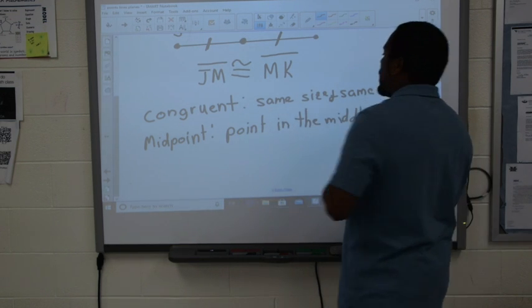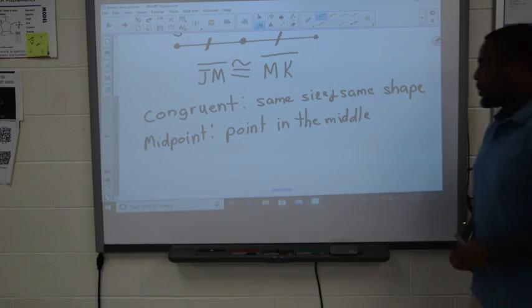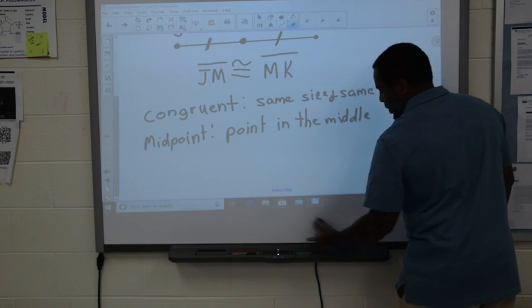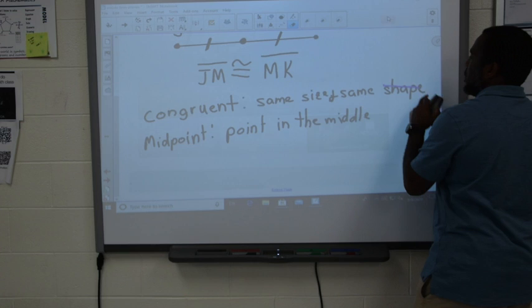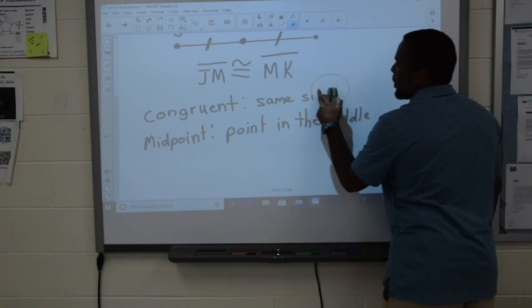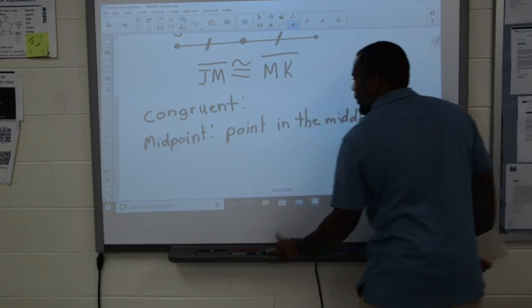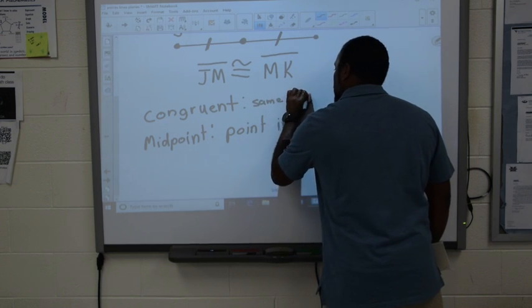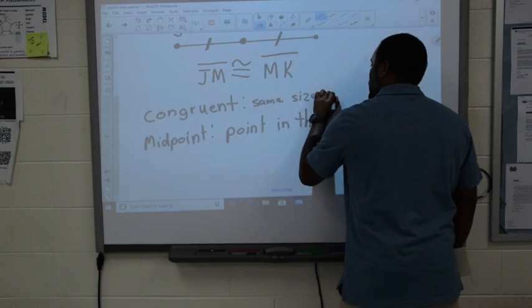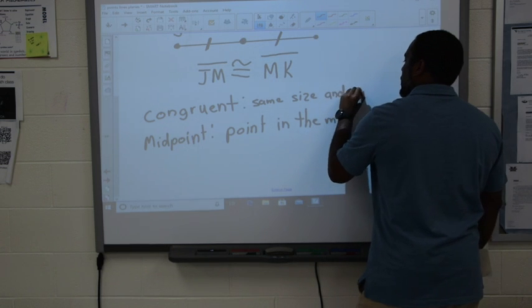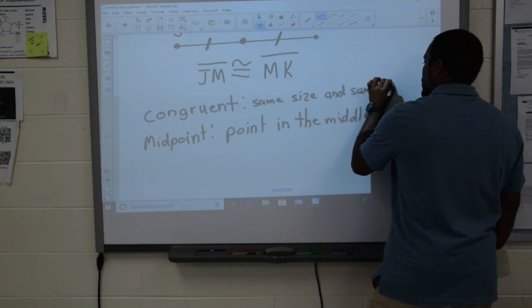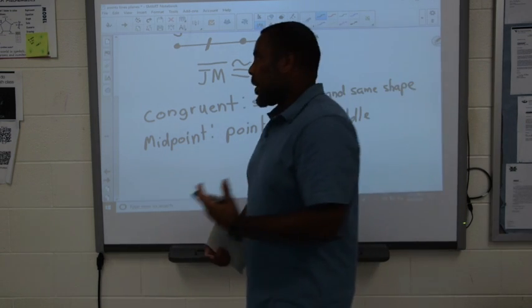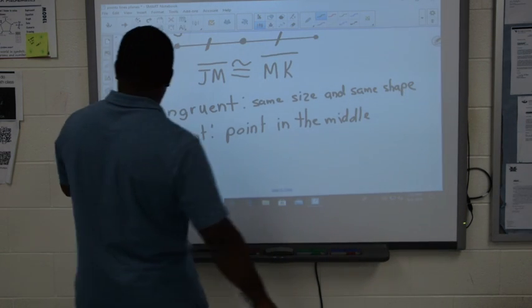And congruence, same size and same shape.